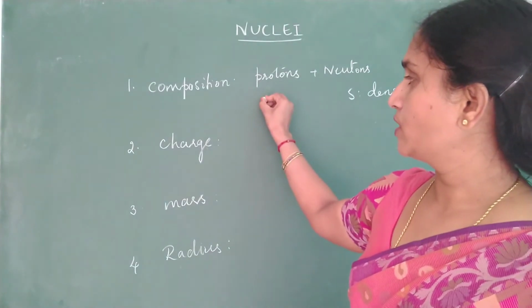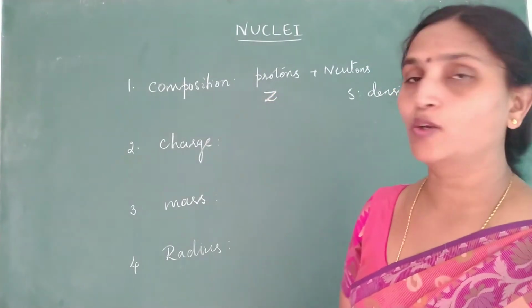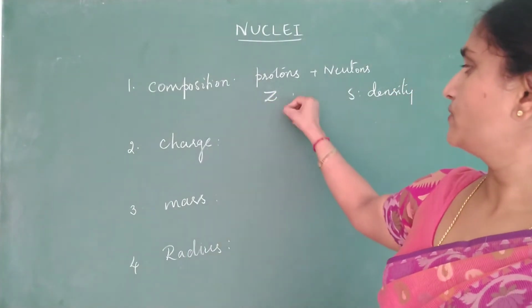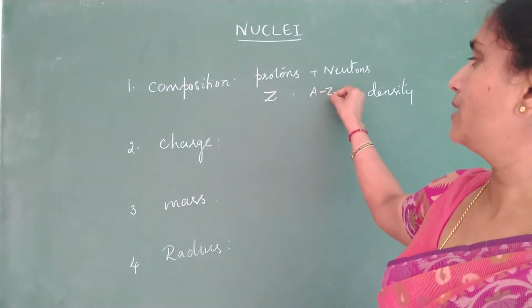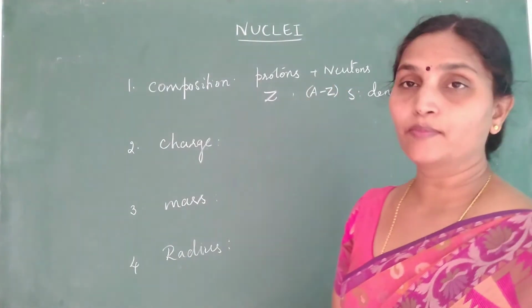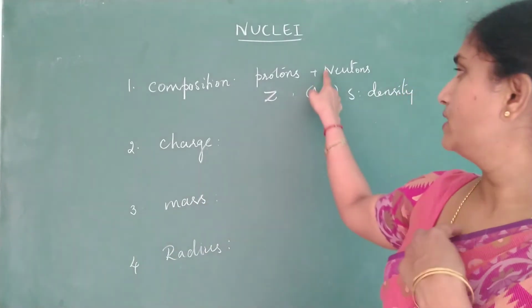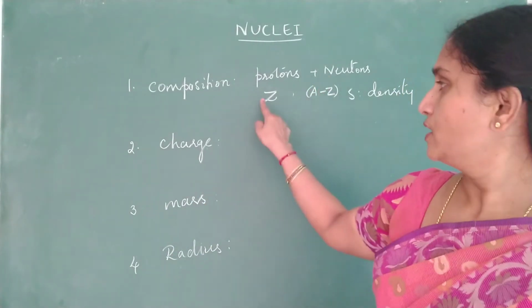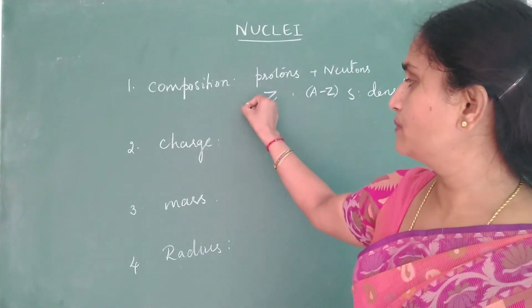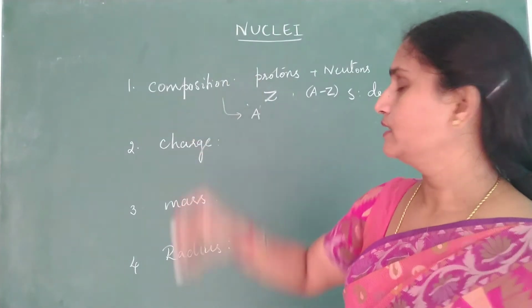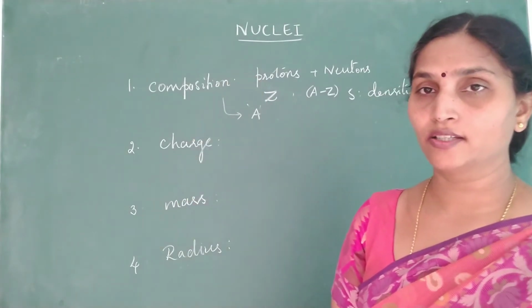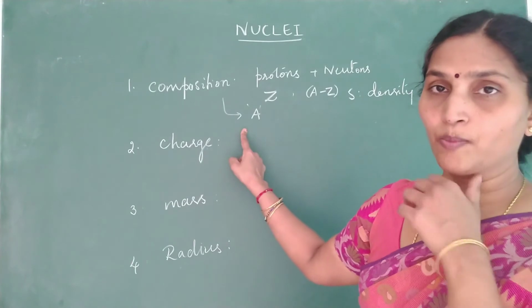The number of protons is given by the atomic number Z, and the number of neutrons is given by A minus Z. Put together, mass number gives me the total number of nucleons inside the nucleus.